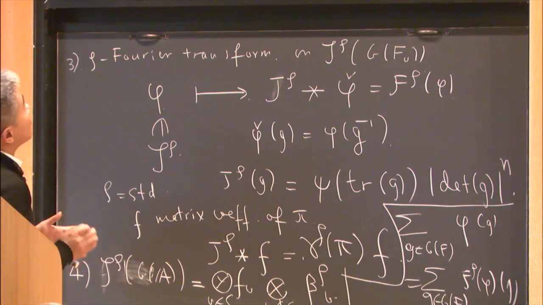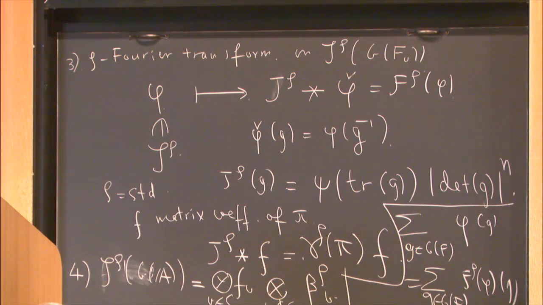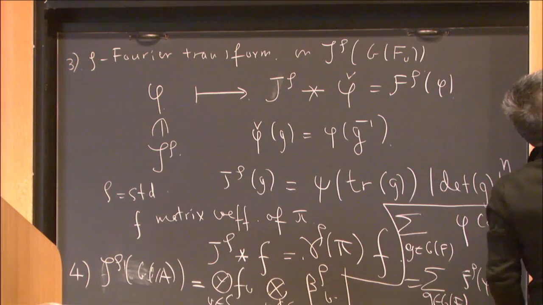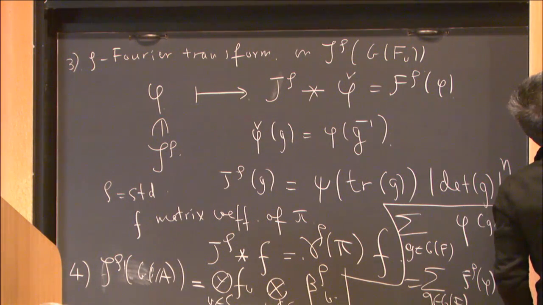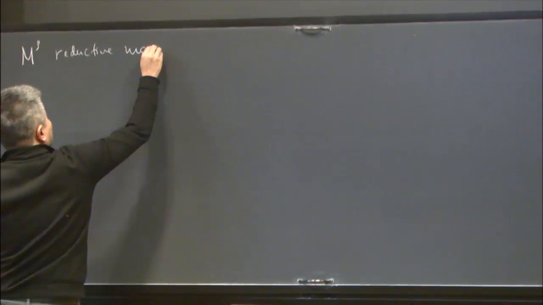So now what we know so far. First of all, this Schwarz space is supposed to be a space of functions on something, right? And then definitely you do know that for every rho you have this M rho, called the reductive monoid. So this contains G, with G acting on the left and on the right, over rho, right?